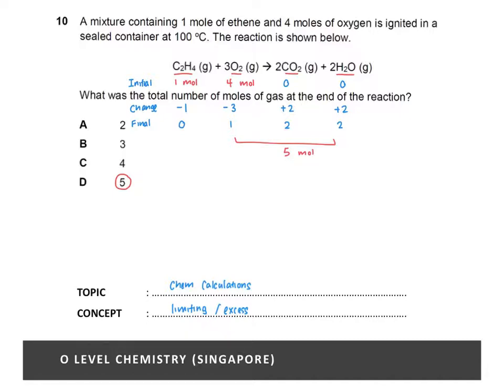Now a very common trick that setters would like to put into questions like this is that they will add something like volumes are measured at RTP. RTP means room temperature and pressure, and you will notice that the state symbols are not given.